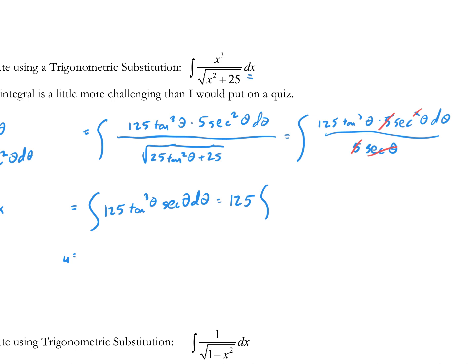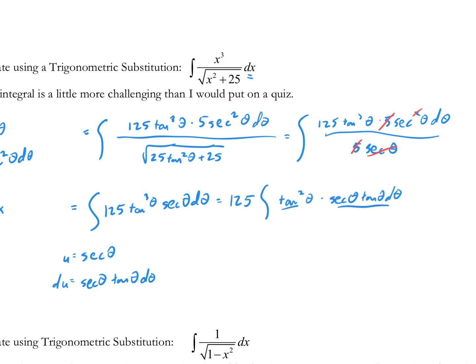We're planning ahead that u is equal to secant theta, then du is secant theta tan theta d theta. Okay, so then that tangent cubed is tangent squared theta times secant theta tan theta d theta.